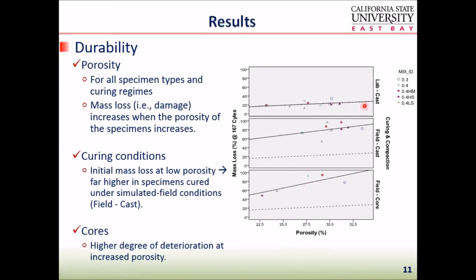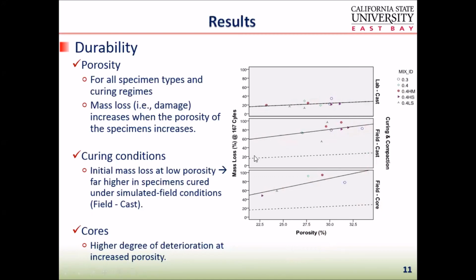However, cylinders cured under ideal conditions showed far less mass loss with increase of porosity, whereas cylinders cured under field conditions were far more sensitive, and you can see that here on the slope, and for cores it's even worse. You can see that here.